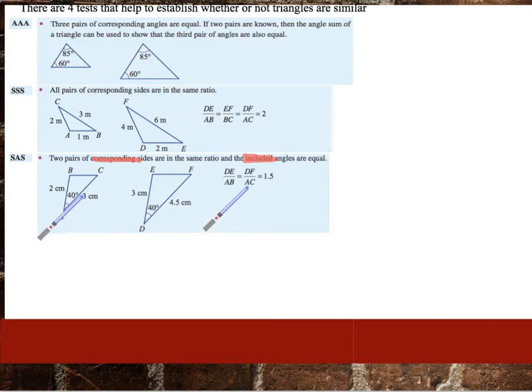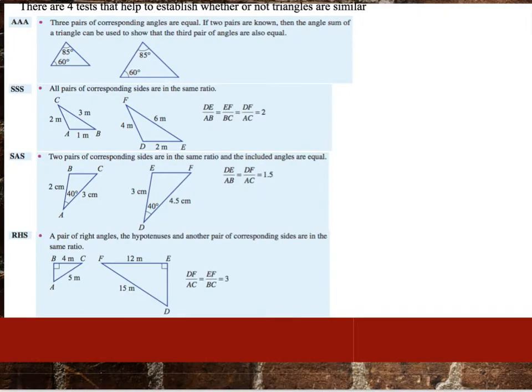So that ratio is 1.5, and we also have that the angles included are the same. The last one's RHS. So if they give us a pair of right angles, the hypotenuse, and these hypotenuse and another pair of corresponding sides are in the same ratio, then we have similarity. So that's how we test.